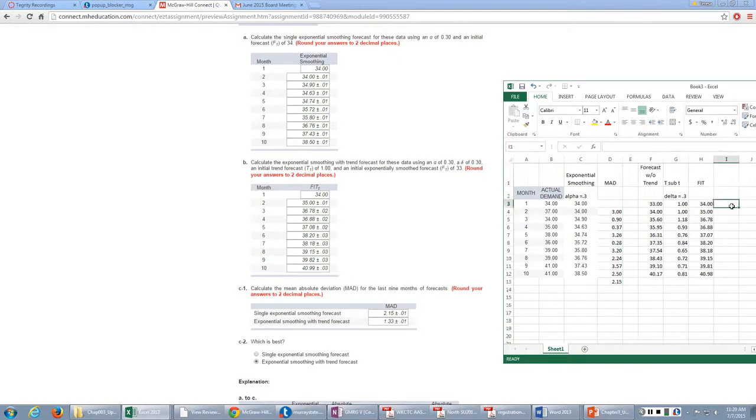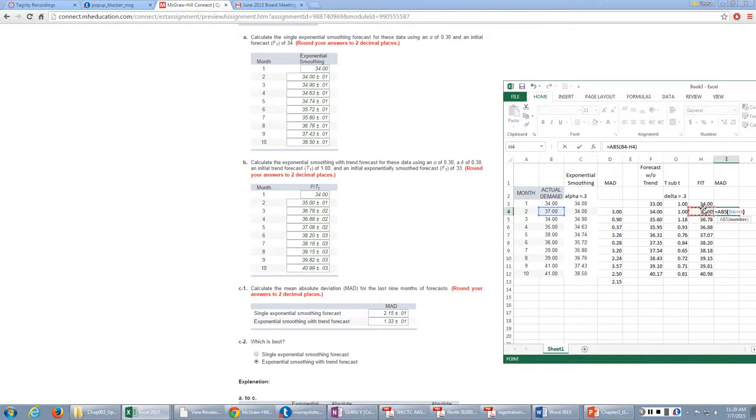And if I'm interested in my MAD for the last 9 time periods with the forecast including trend, again it's going to be the absolute value of actual demand minus the forecast including trend.